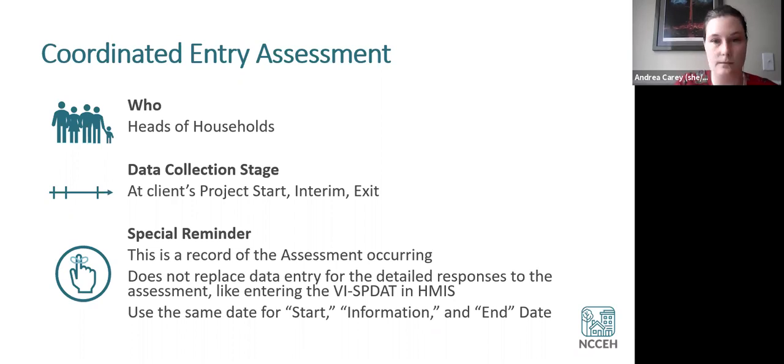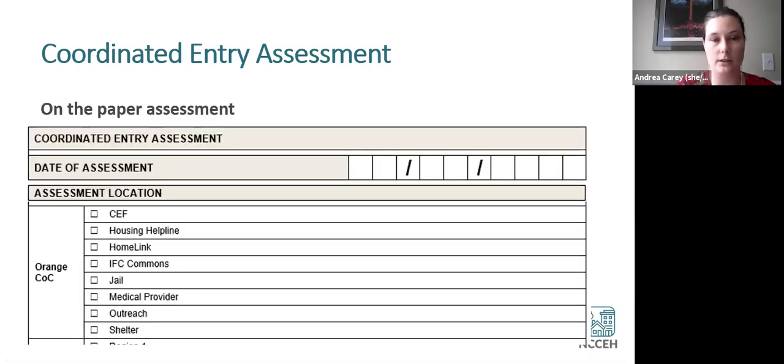All right. So let's take a look at this on our paper form first, just to go into the specific questions. This breaks it down by what data you're really collecting, and then we'll be able to see that in HMIS.